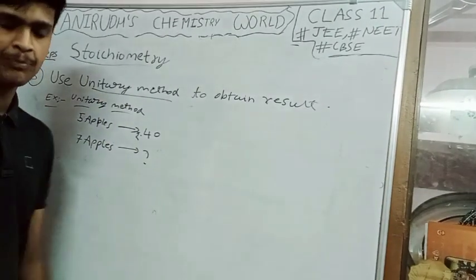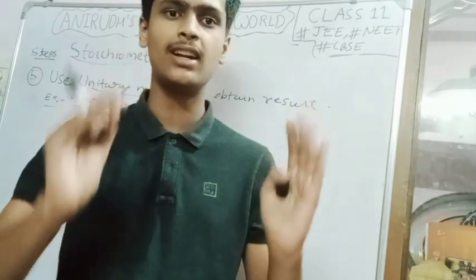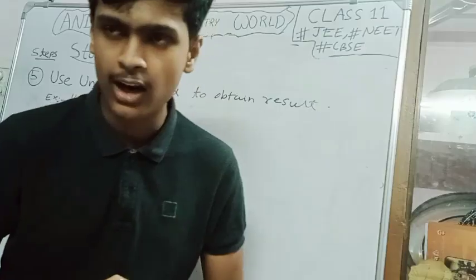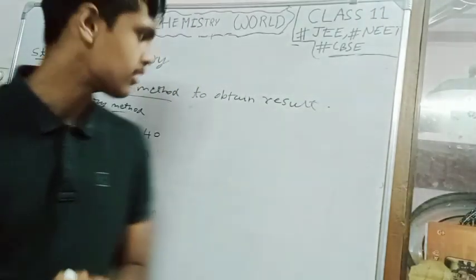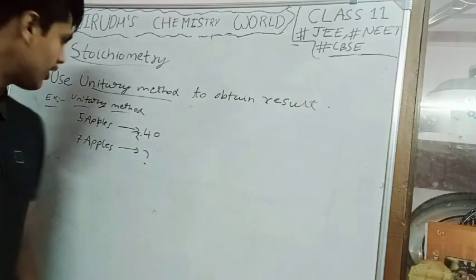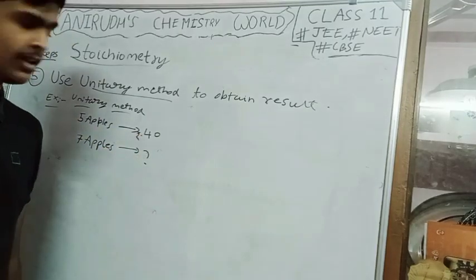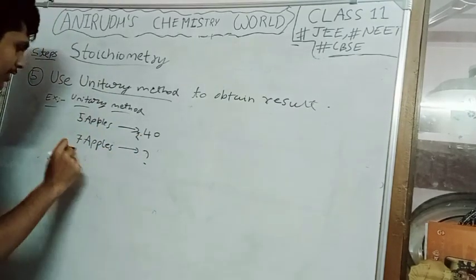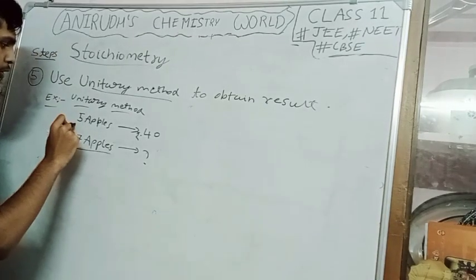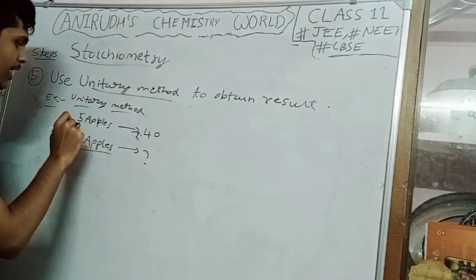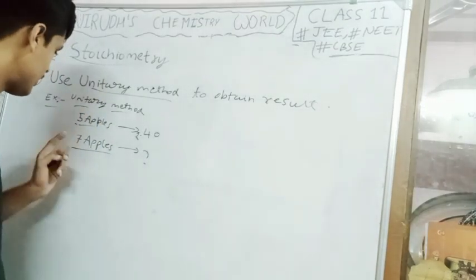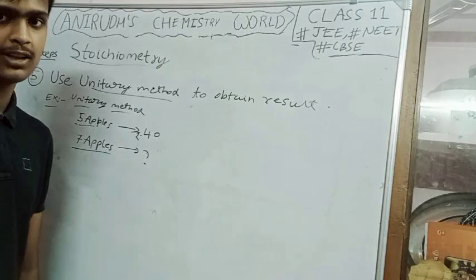Unitary method is nothing but, suppose in our general case, you go to a fruit market and you want to buy 5 apples. These 5 apples cost 40 rupees, let us say, and you want to calculate for 7 apples. If 5 apples cost 40 rupees and you want 7 apples, what's the cost?